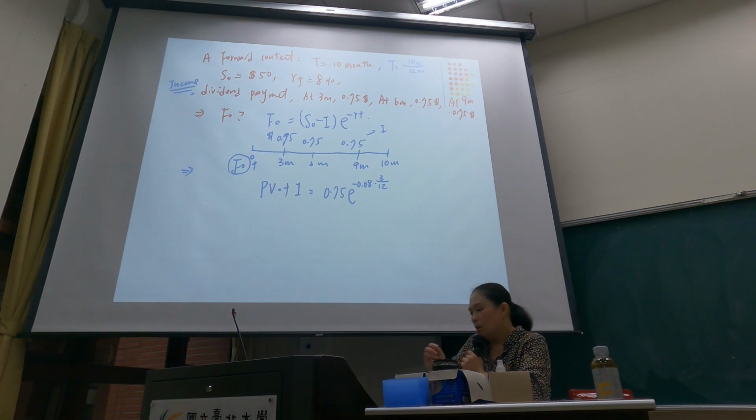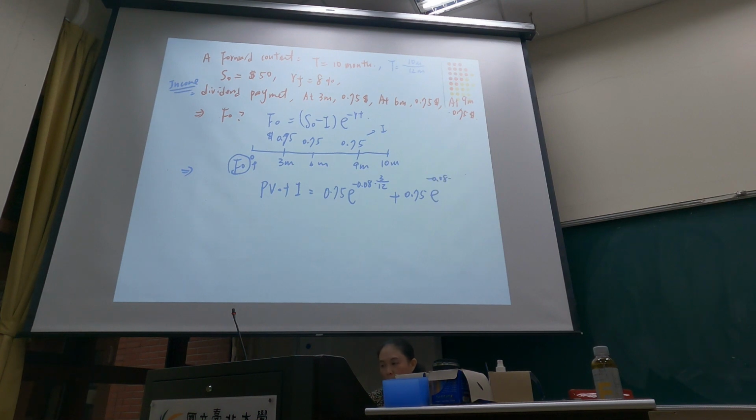Basically, the first term will be 0.75 discounted for 3 months plus 0.75 discounted for 6 months, plus 0.75 discounted for 9 months.